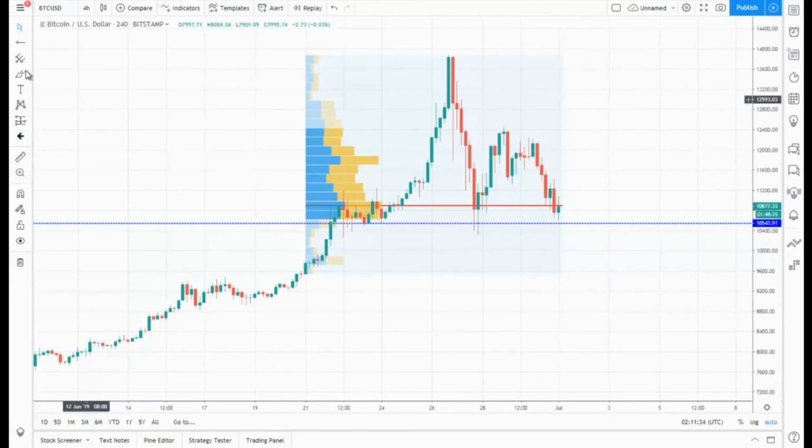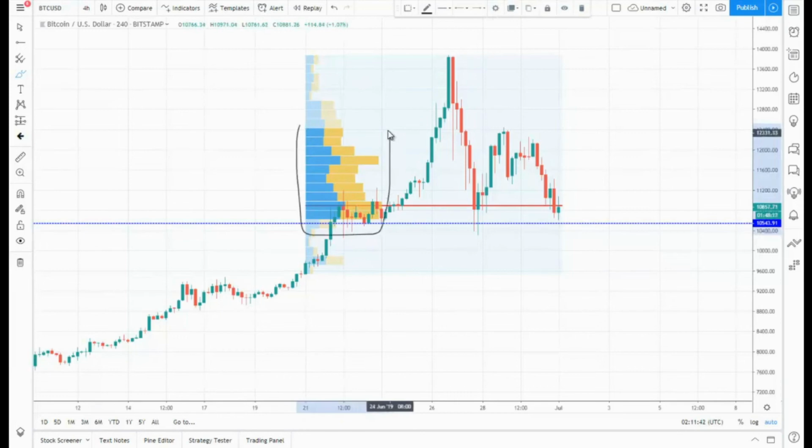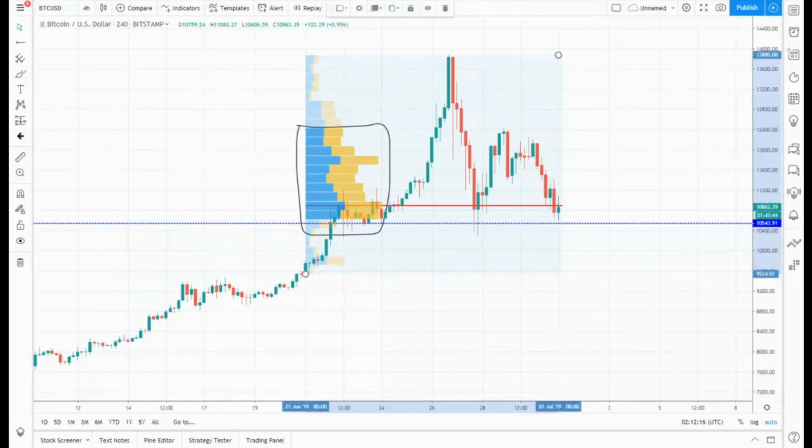And the way you look at the market profiles for possible zones of resistance is that you look at this exact histogram right here. The histogram represents the actual volume traded. The up volume is painted in blue, and the down volume is painted in yellow.